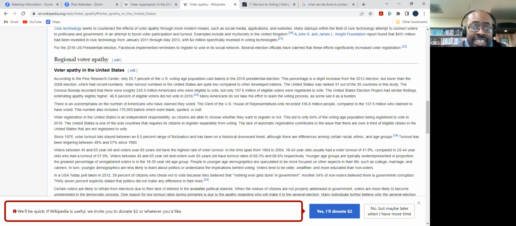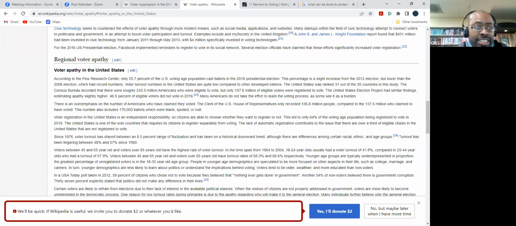Many Americans do not take the effort to learn the voting process, and some people see the voting process as a burden, particularly those who basically have to work, they can't get off, they have other life priorities, and they see that as a burden.